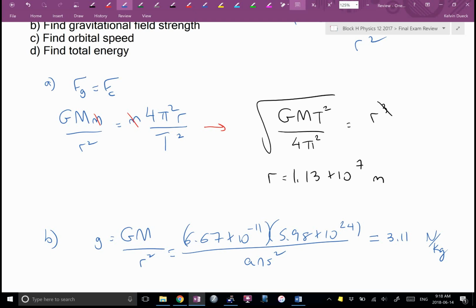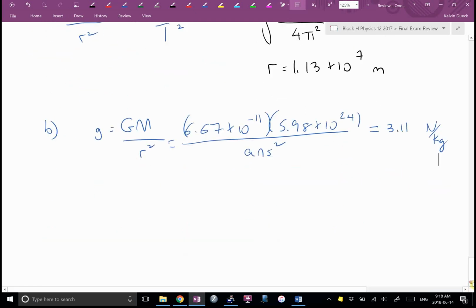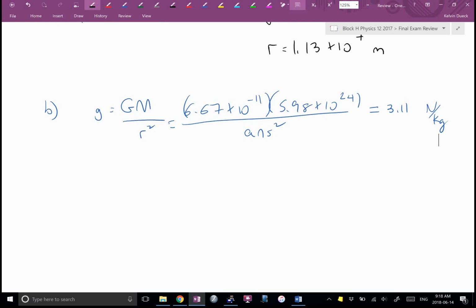In fact, that leads us to part C. We can find the orbital speed. How could I find the orbital speed? I said orbital. That's your hint. Gravity is what's pulling me in a circle.